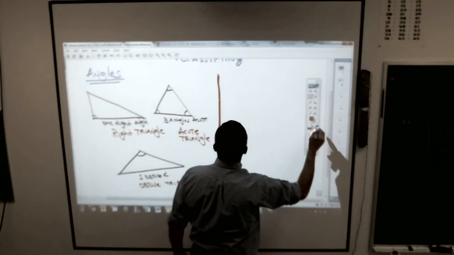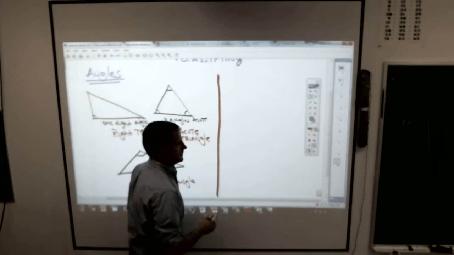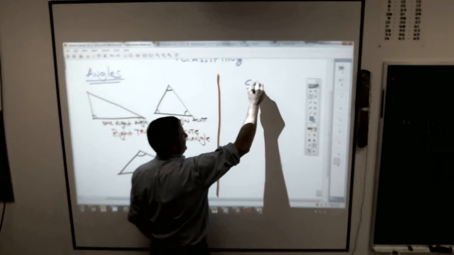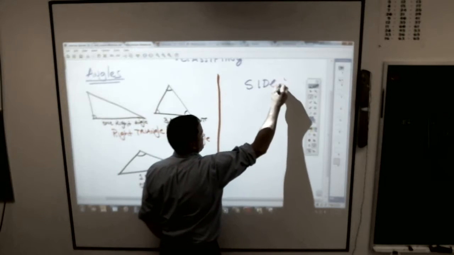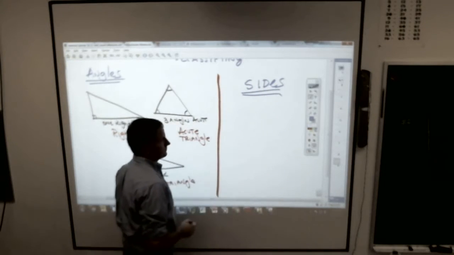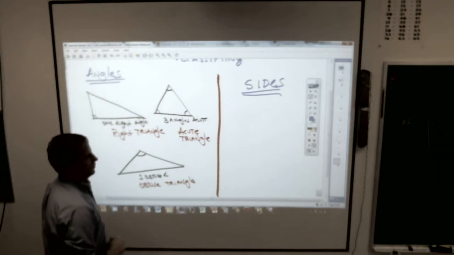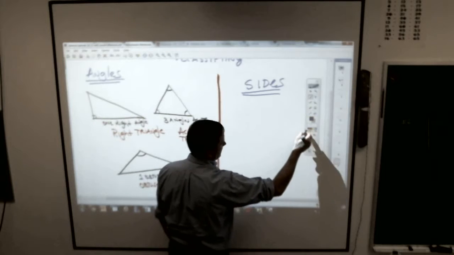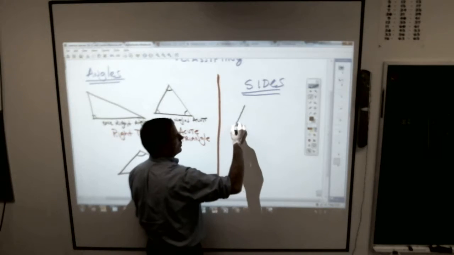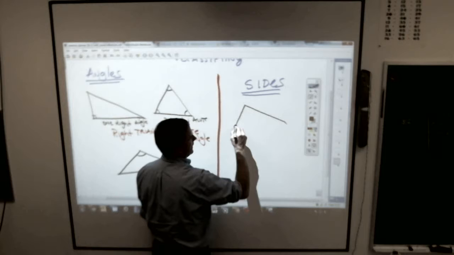The other way that we can classify triangles is by their sides. Or the length of their sides. Okay? And your first option is a triangle that has no equal sides.